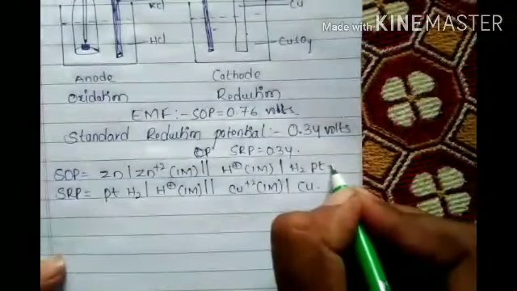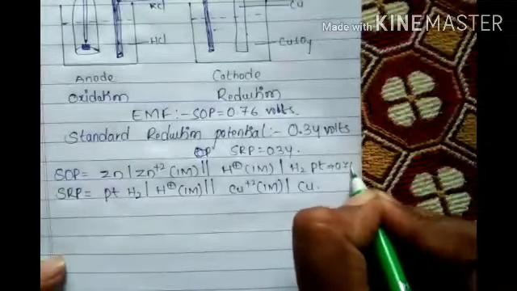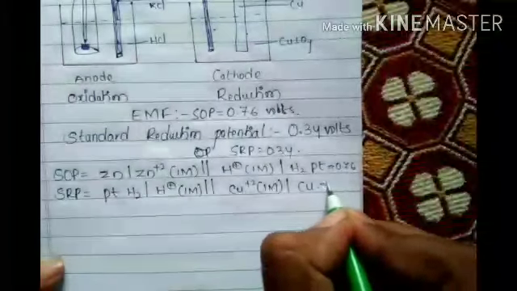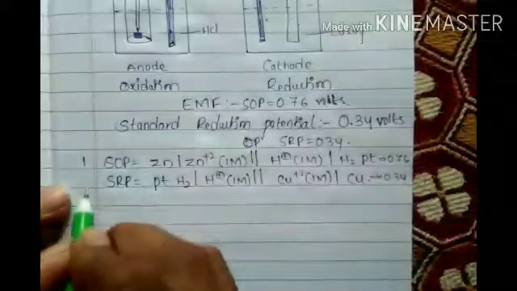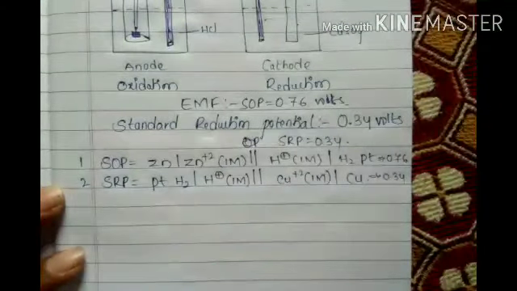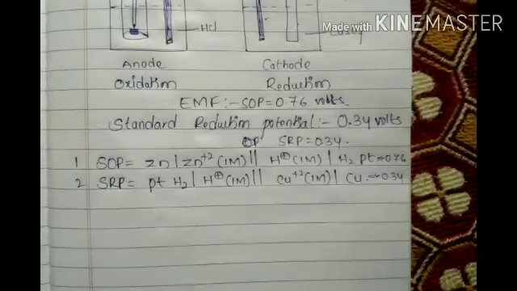Okay, here 0.76, here 0.34, 0.76, 0.34. This is the way of writing standard electrode potential.